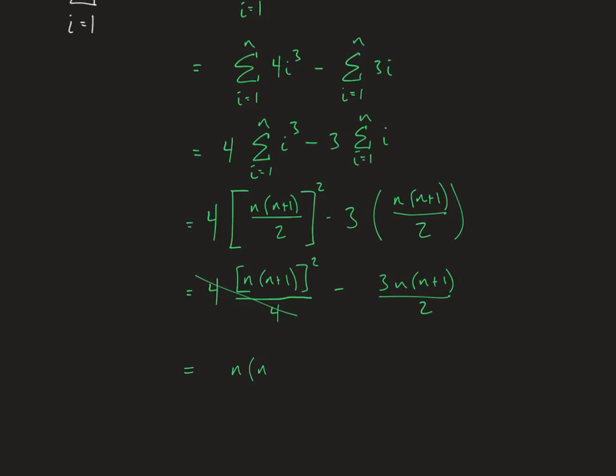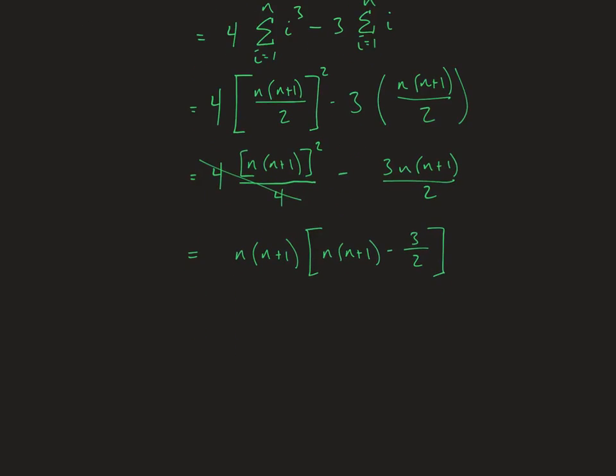So we've got an n times n plus 1, factoring that out. I'm going to use square brackets here. And then I've got an n times n plus 1 minus 3 halves. All right, so I'm going to work to combine these fractions over here. We're going to need a common denominator of 2. So this is n times n plus 1 minus 3 over 2, and this is going to be a 2n times n plus 1 if I want those to be able to be combined like that.